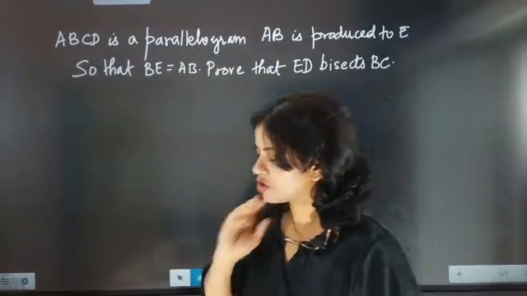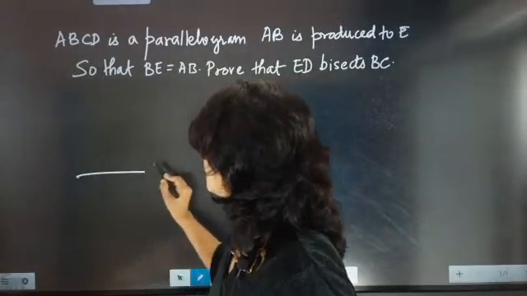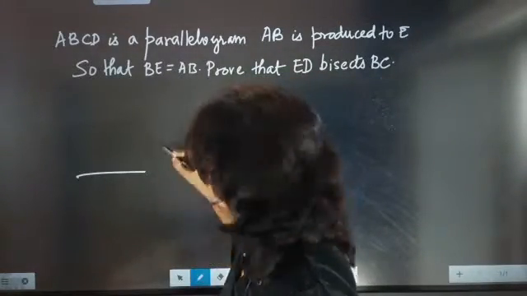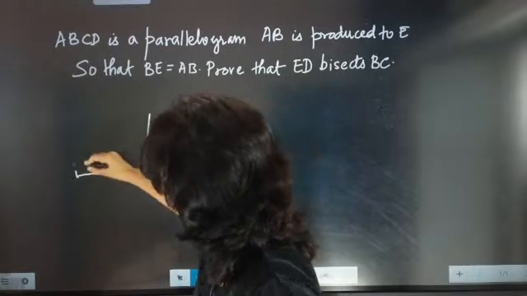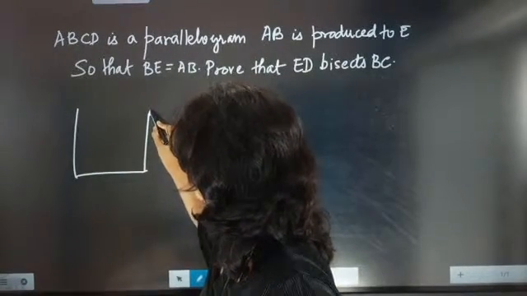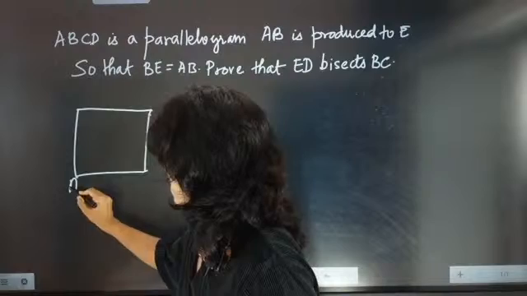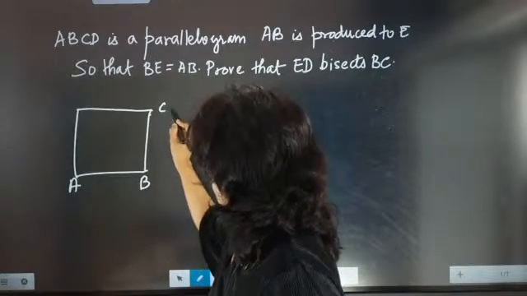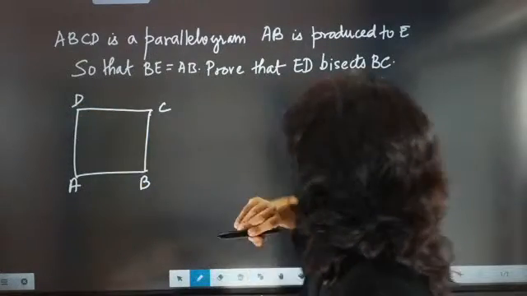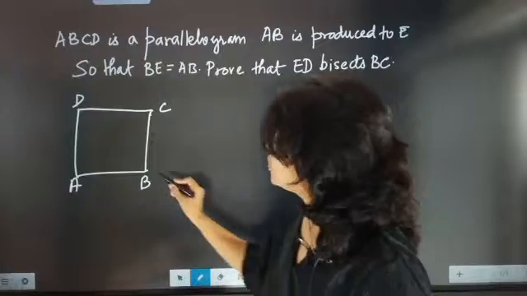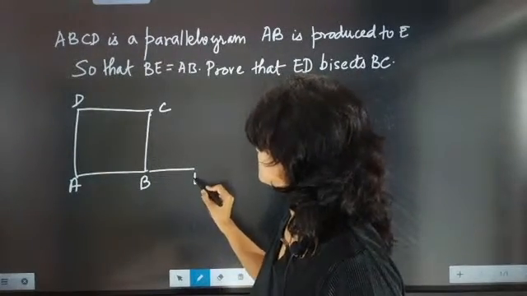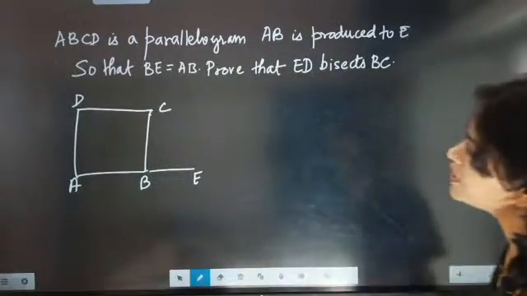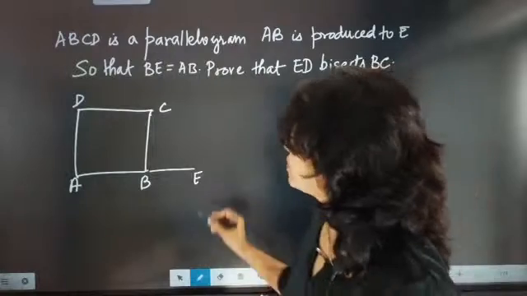Now first, how to draw. First we will draw ABCD as a parallelogram. AB is produced to E. We produced AB to E such that BE is equal to AB.